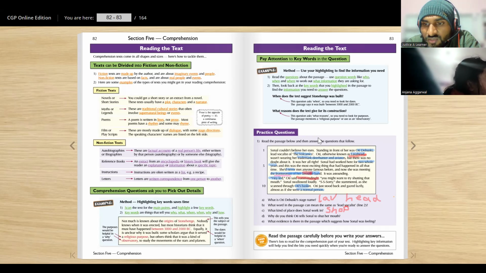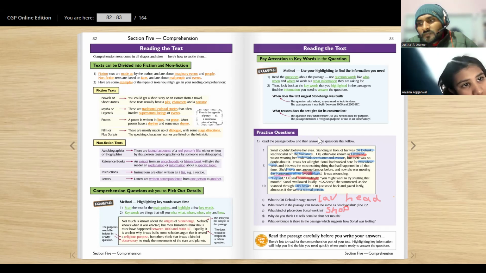So you need to give evidence. Yeah, so it said it was astounding. Any other word you can use for it? Excited. Yep, that can be also.